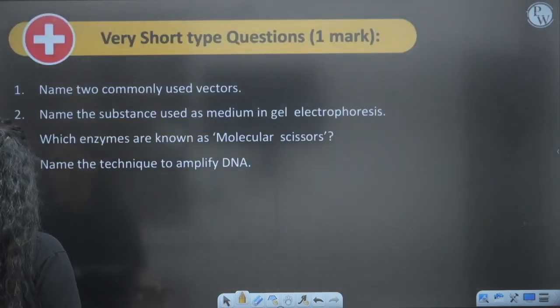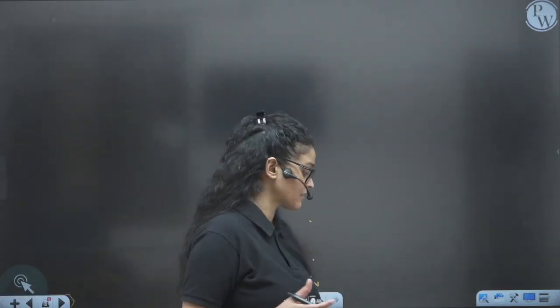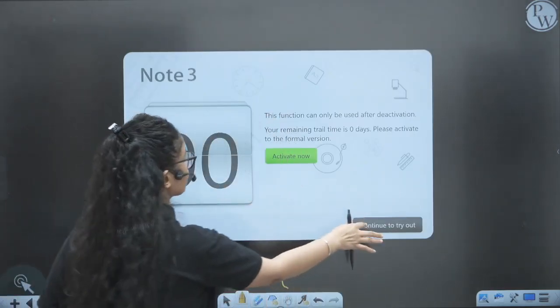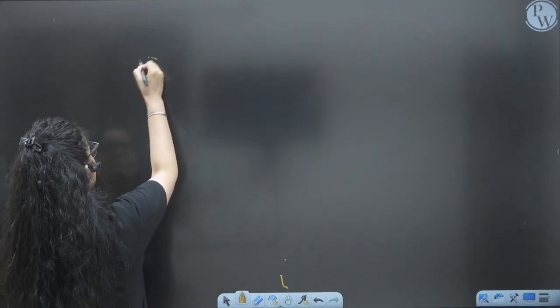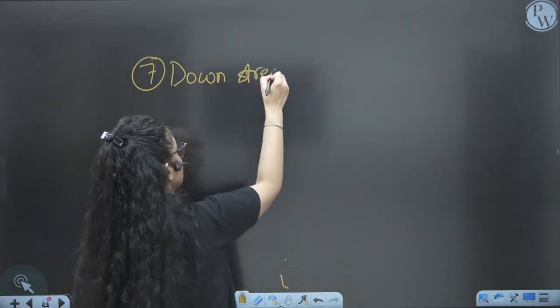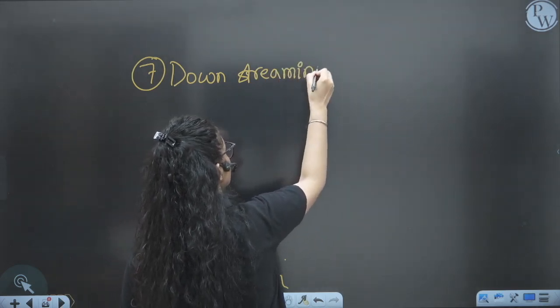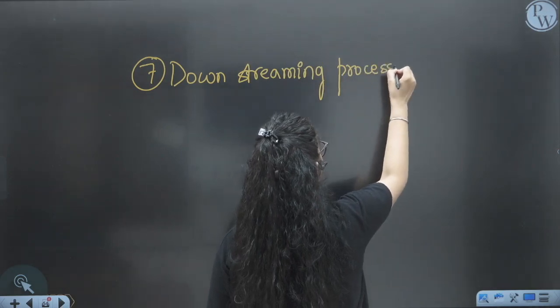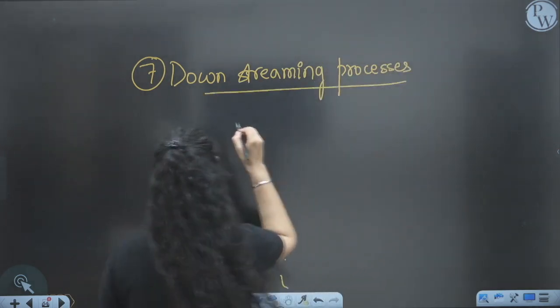After we are done with the production, our product has been produced using the bioreactors. The last step is the downstreaming process. What is the downstreaming process? In this, we purify the product that has been formed.